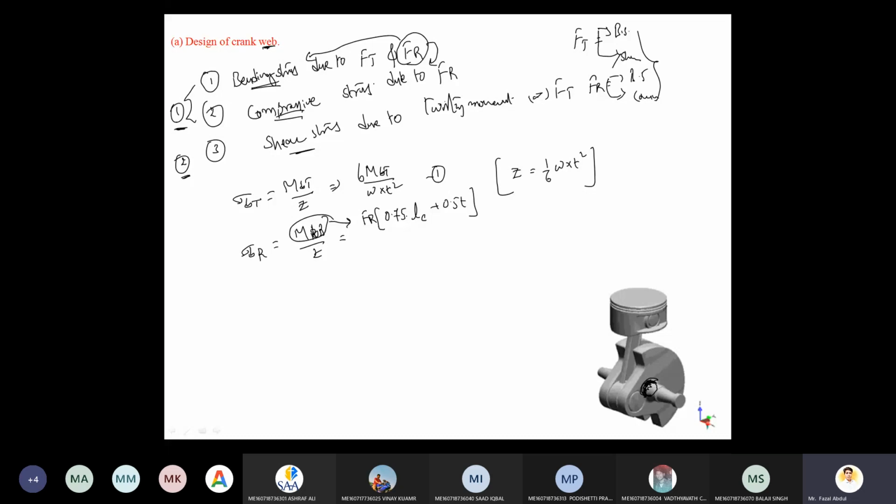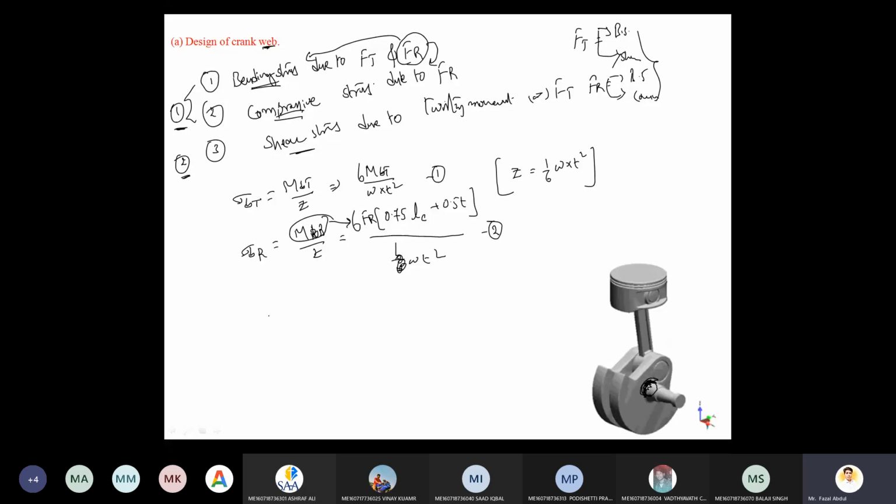What is the section modulus here? That is 1 by 6 into W into T square. Now this is the second equation, so this 6 I'm sending here. And now what is the third stress?